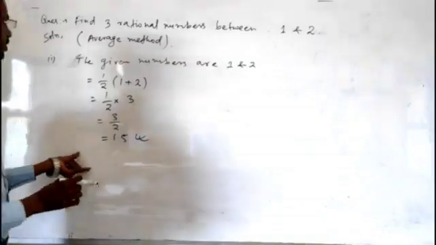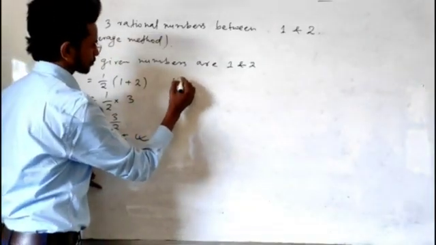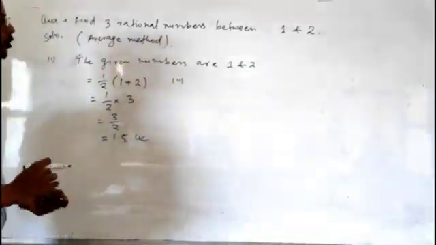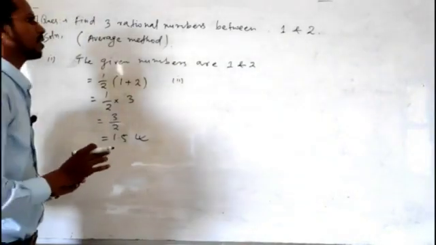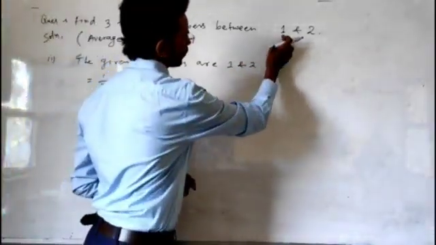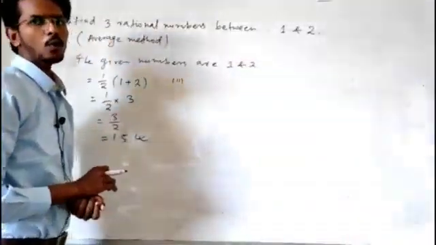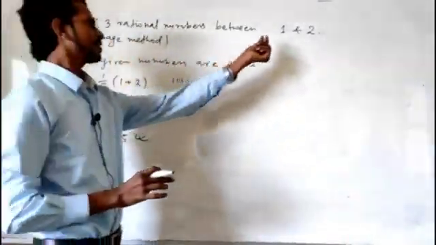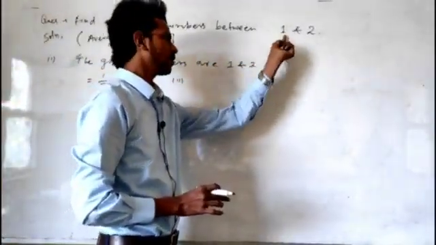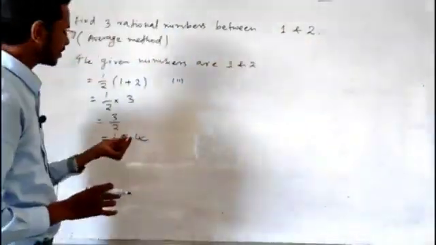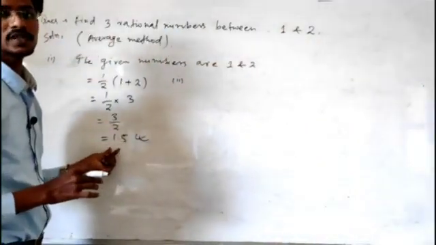Now we'll proceed towards finding the second number. How to find the second number? Firstly, we have the given numbers 1 and 2. Now we have to take either of these numbers, either 1 or 2, with the new number obtained between them.